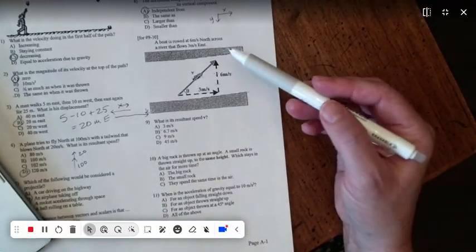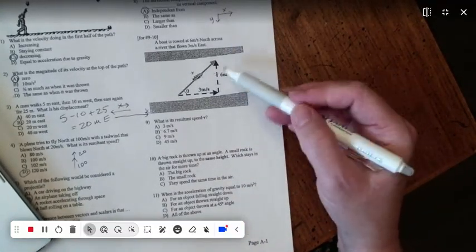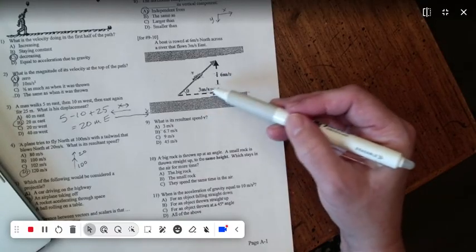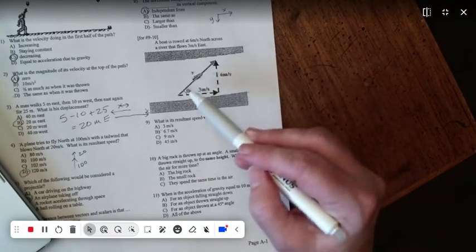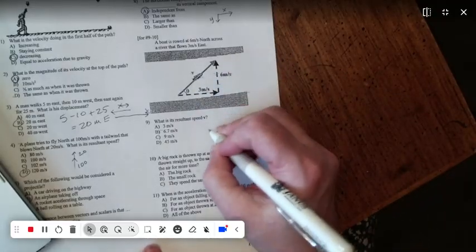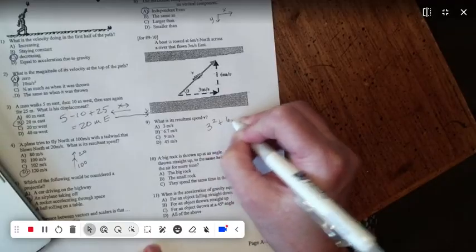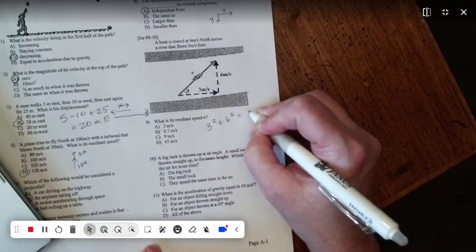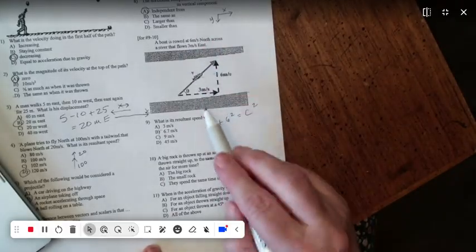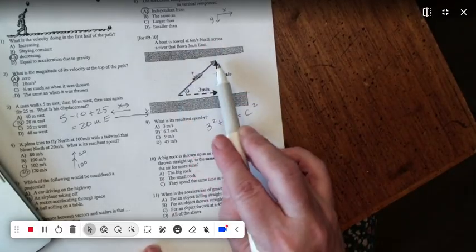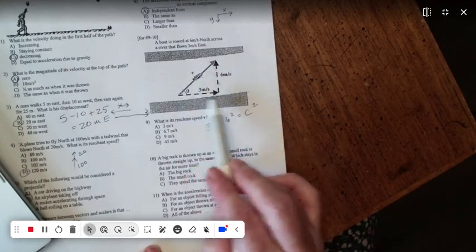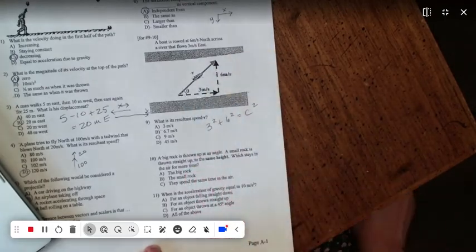A boat is rowed at 6 meters per second north across a river that flows east at 3 meters per second. What is its resultant speed? This is where we want the hypotenuse. We have to use the Pythagorean theorem here. 3 squared plus 6 squared equals c squared. This velocity is going to have some north component because the boat is being rowed in that direction, but it's also going to have some east because of the river flowing.